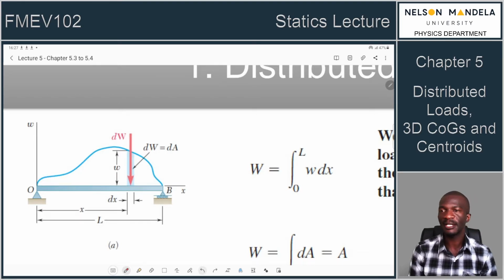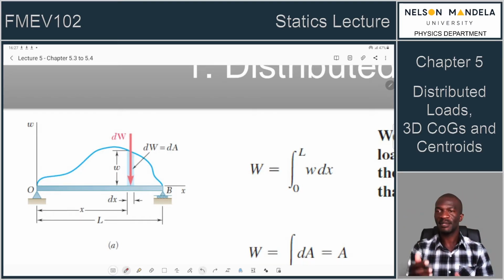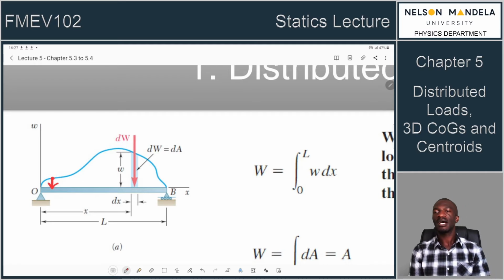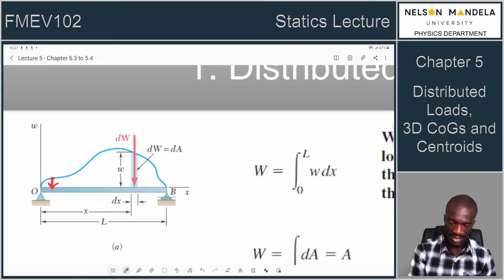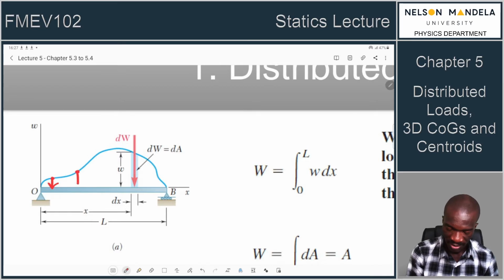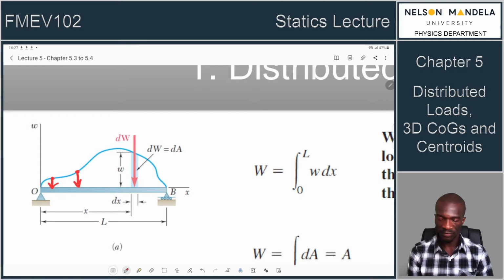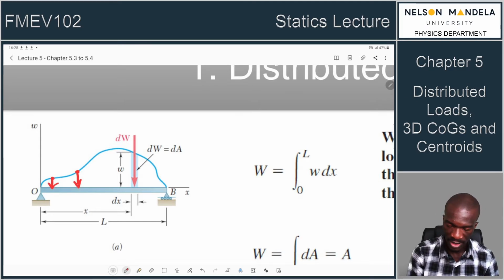That material is piled up in such a way that at a particular point there are so many newtons of the weight of the material at that particular length. Then at another particular length we have another amount of material which has a certain weight.